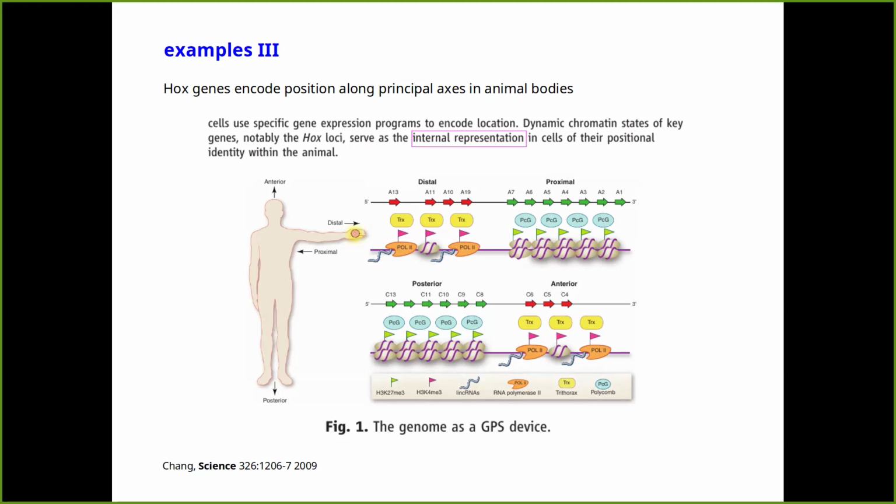They're arranged in 4 groups, A, B, C, D. And if you take a digital view and ask which Hox genes are on and which are off, then they separately encode both the position of a cell along the anterior-posterior axis of the body, that's the C genes here, whose encoding, whether they're on or off, represents that axis, and also the distal-proximal position in the limb. And that's a different set, the A genes, that encode that.